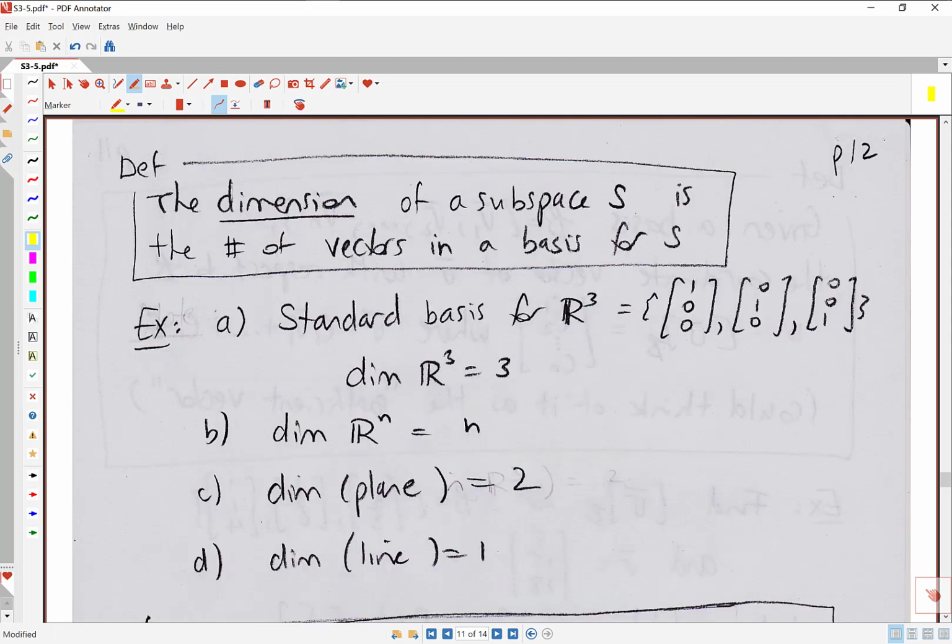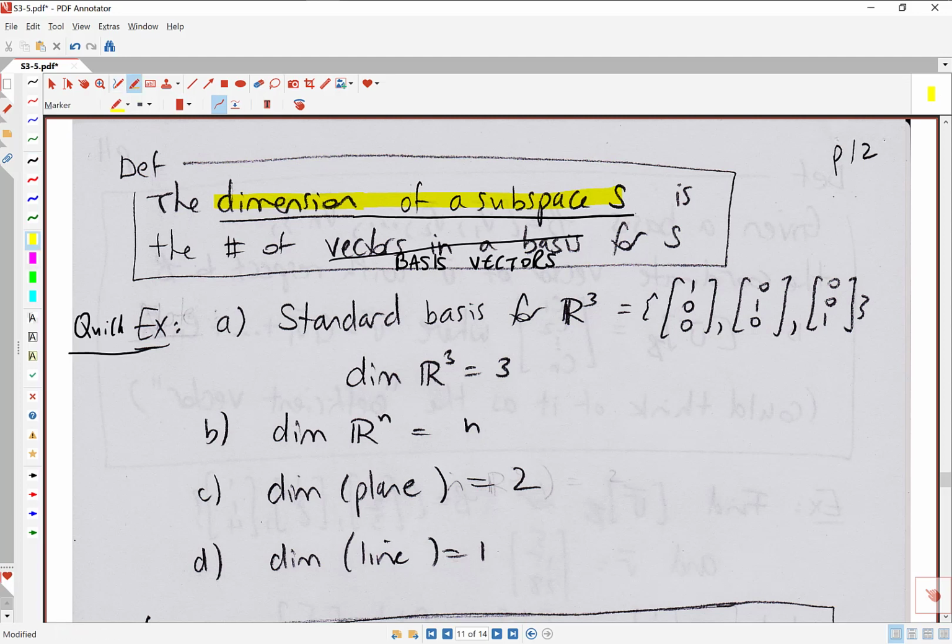So last big idea that we need to look at in this section is the idea of dimension of a subspace. So let's say the dimension of a subspace S is the number of vectors in a basis for S, or you could say the number of basis vectors for S. So let's look at a quick example here.